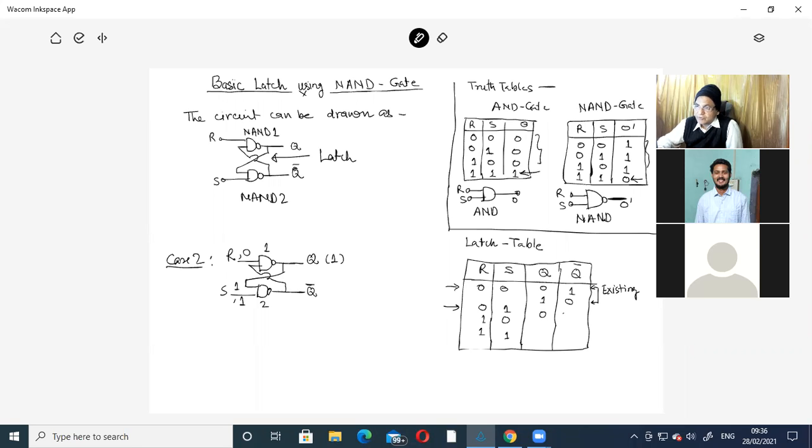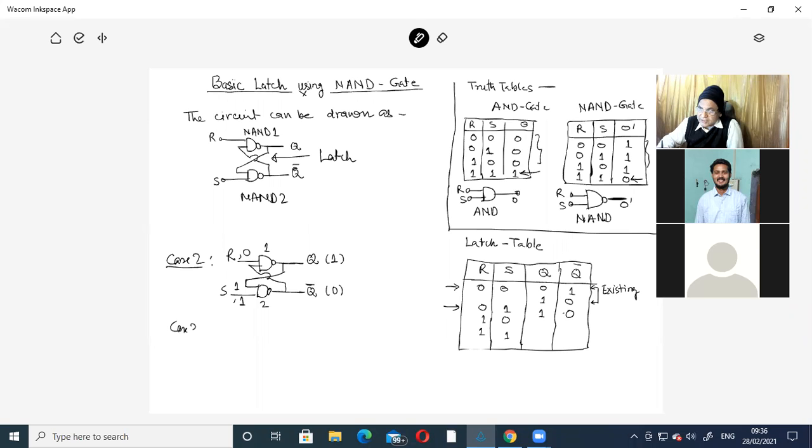From the fourth option of the table, with both inputs 1 and 1, the output is 0, so this value is 0. So we find that if R is 0 and S is 1, then the output will be Q equal to 1 and Q bar equal to 0.